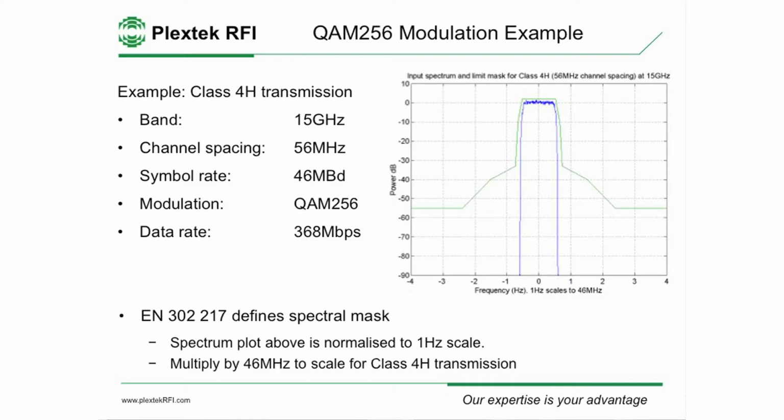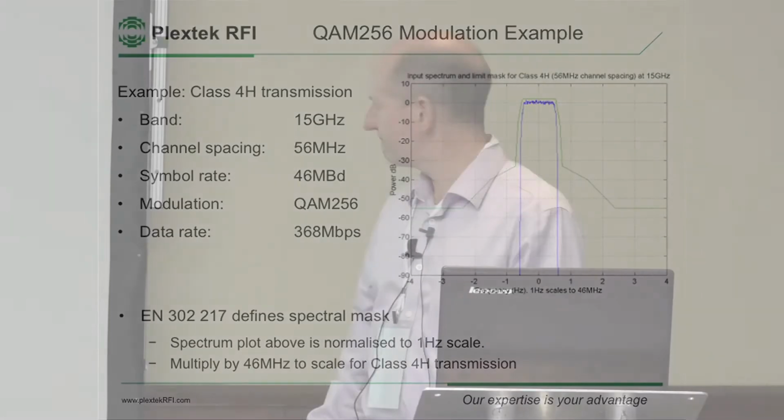And there are various other features for the transmission: 56 megahertz bandwidth, symbol rate. This is for the QAM 256 modulation, and we have a data rate of 368 megabits per second. We've normalized here to a 1 hertz scale, and if you multiply each of these by 46 megahertz, you'll get to the class 4H transmission mask.